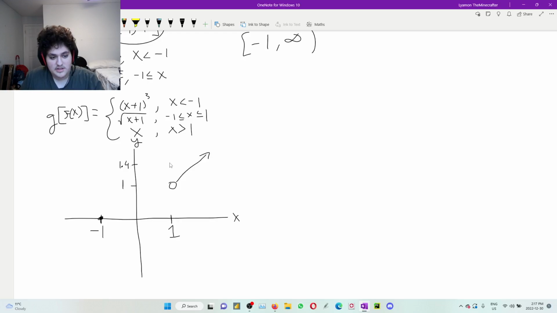So this is going to be inclusive, and this is just going to sort of go like, well, we also know that square root of 1 is 1, so that's here, like this, right? And when x is less than -1, it's x plus 1 cubed.